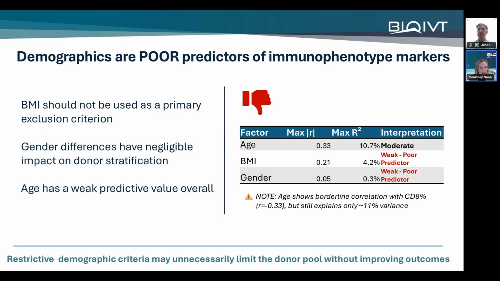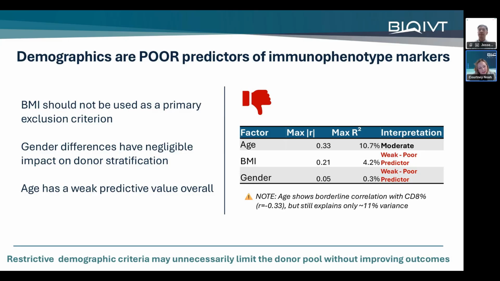When we ran the analysis on our donors, we saw negligible impact related to gender or BMI, and only a modest correlation even with age. That was predominantly where we saw maybe some improvements with the NK cell population, but again, very minimal, so I wouldn't even call it statistically relevant.